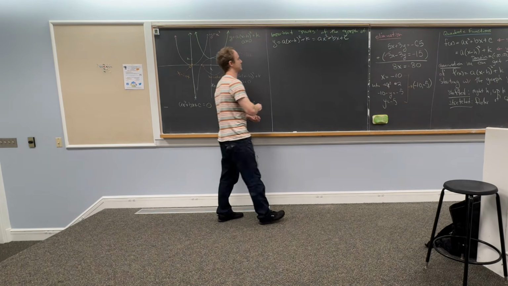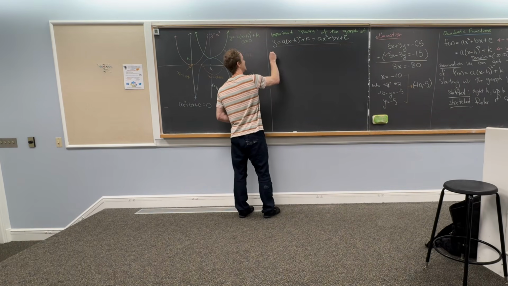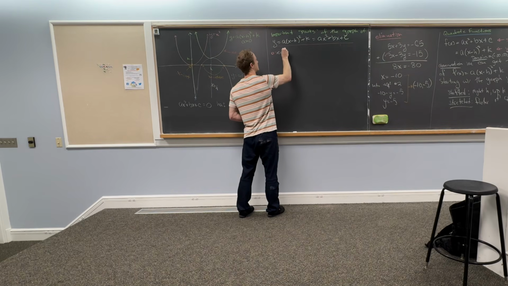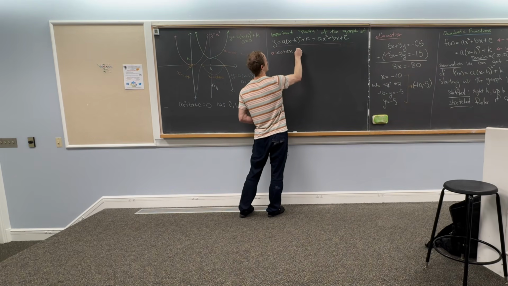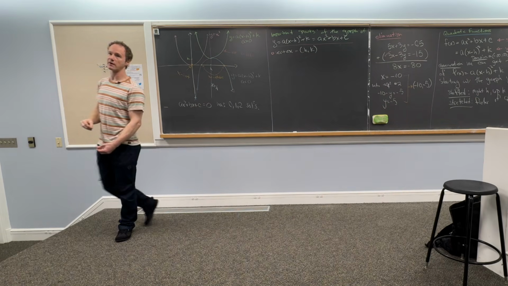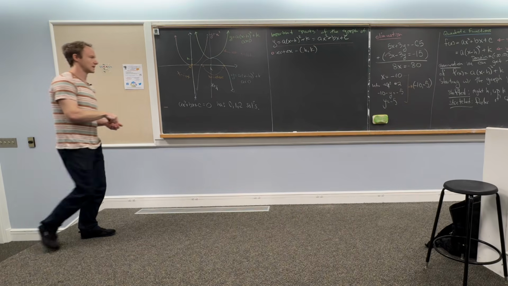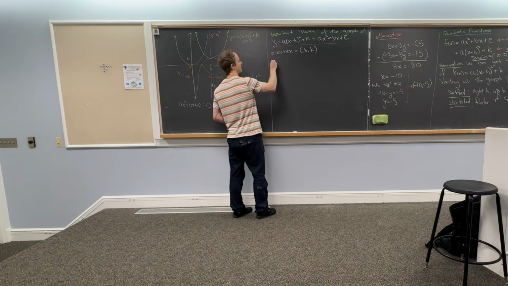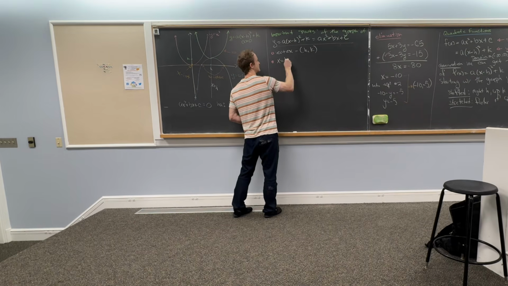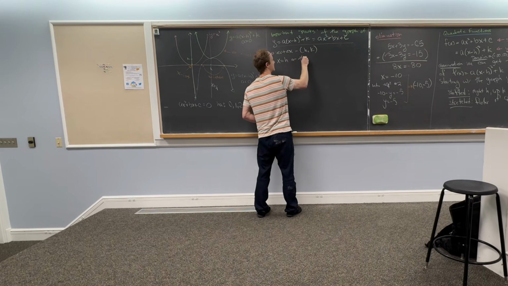Okay, so here are the important pieces of this. So maybe the first one would be the vertex. In this case, it's not so hard to write down the vertex if you have it in vertex form. That's why it's called vertex form. Then you have this x equals h, which is known as the axis of symmetry.